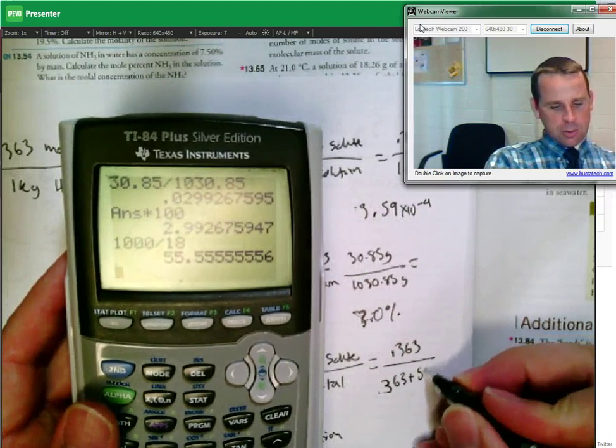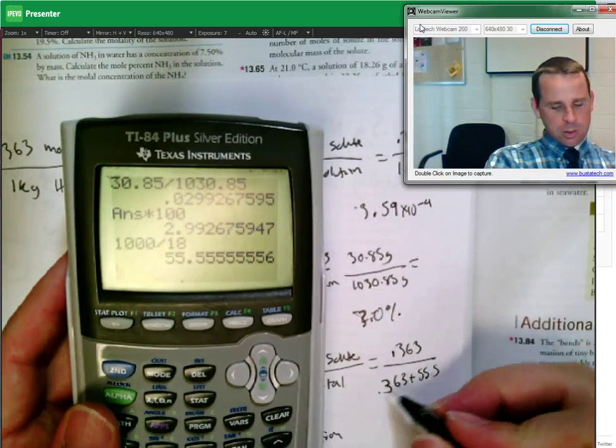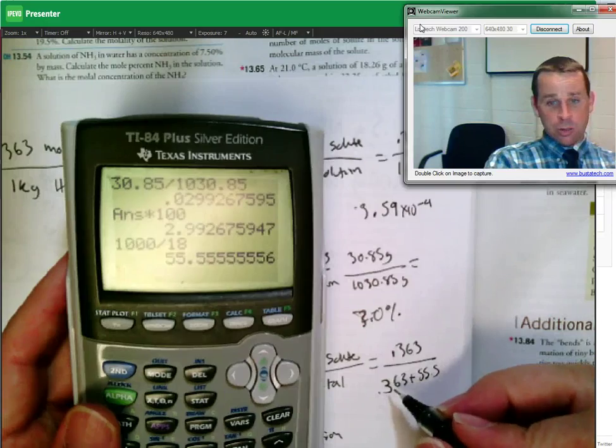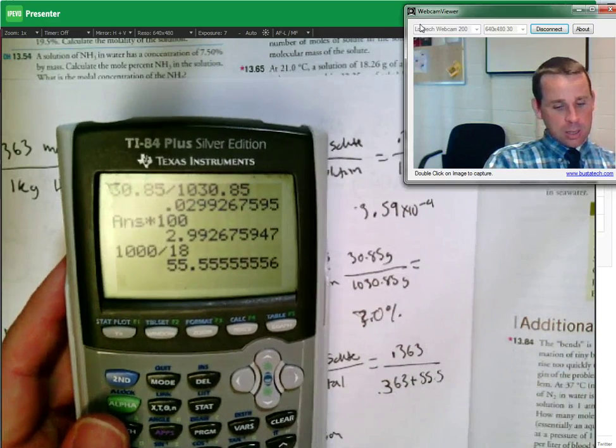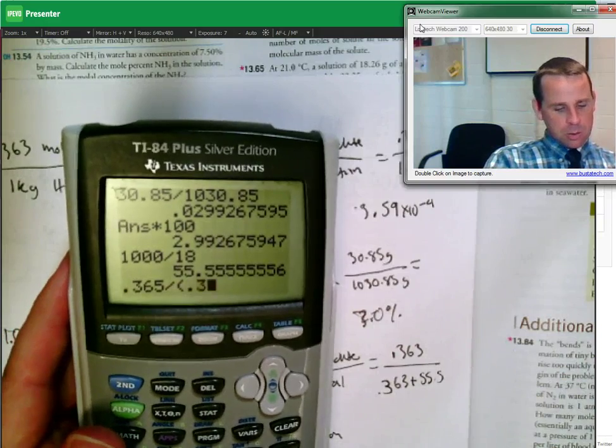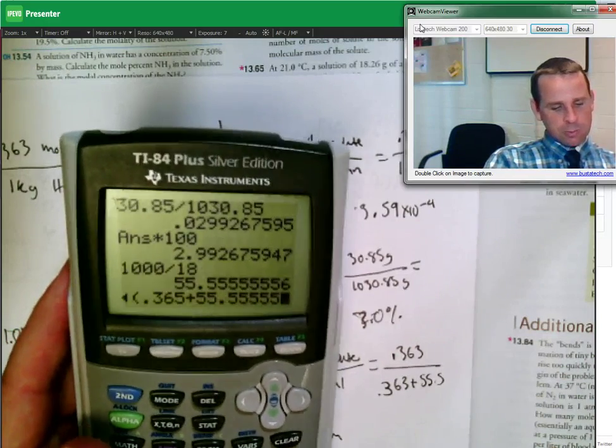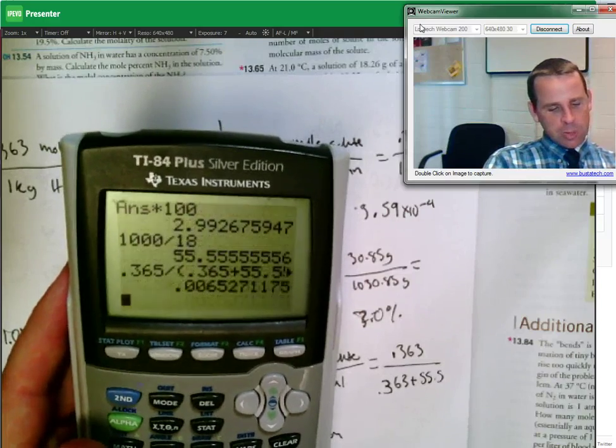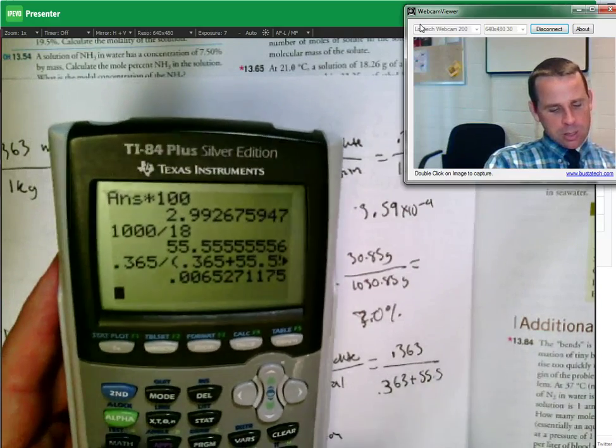So I take my 0.363 divided by 0.363 plus 55.5555. Now that's just the mole fraction.